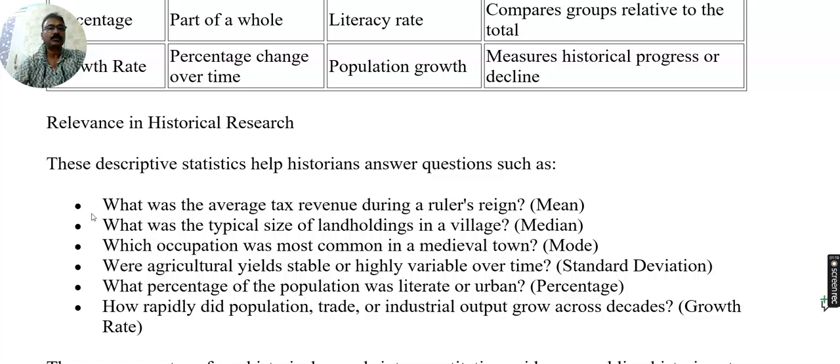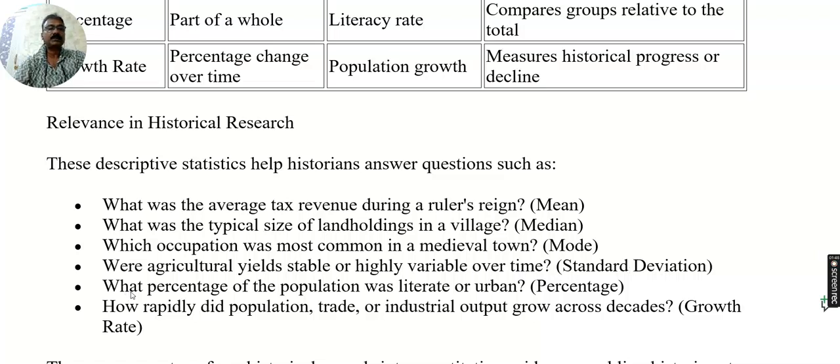It is also explained what was the average tax revenue during a ruler's reign, that is mean we have to apply; what was the typical size of land holding in a village, that is median; which occupation was most common in a medieval town, that is mode; were agricultural yields stable or highly variable over time, we have to apply standard deviation.